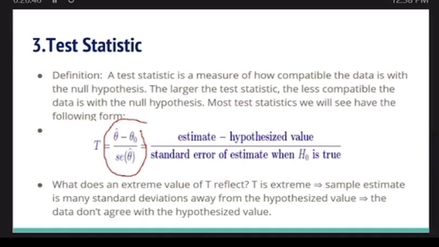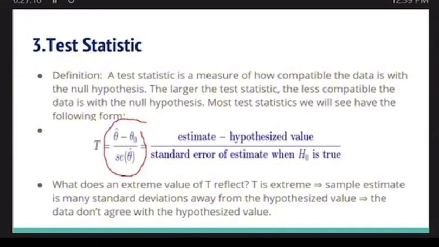And when it is so many standard deviations away, it means the data don't agree with the hypothesized value. When the data don't agree with the hypothesized value, then we're going to reject the null hypothesis. And that is exactly what we're looking for. We want that to happen, okay?